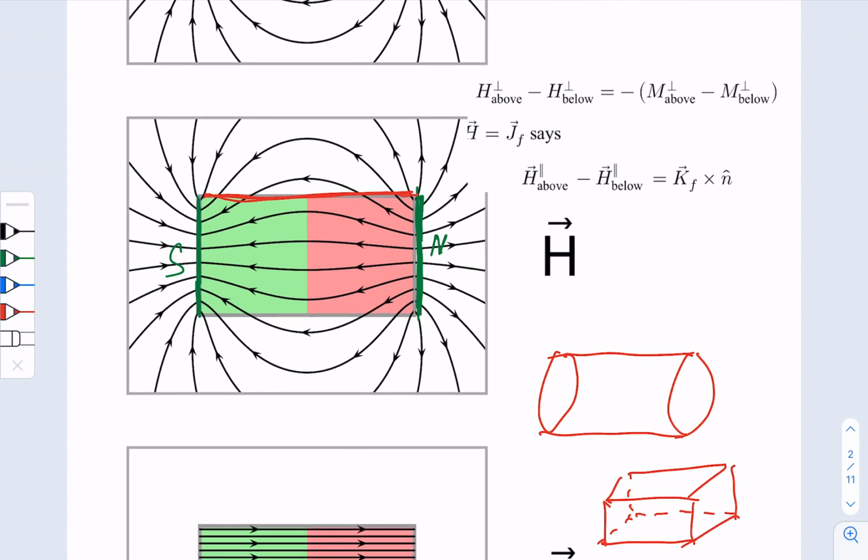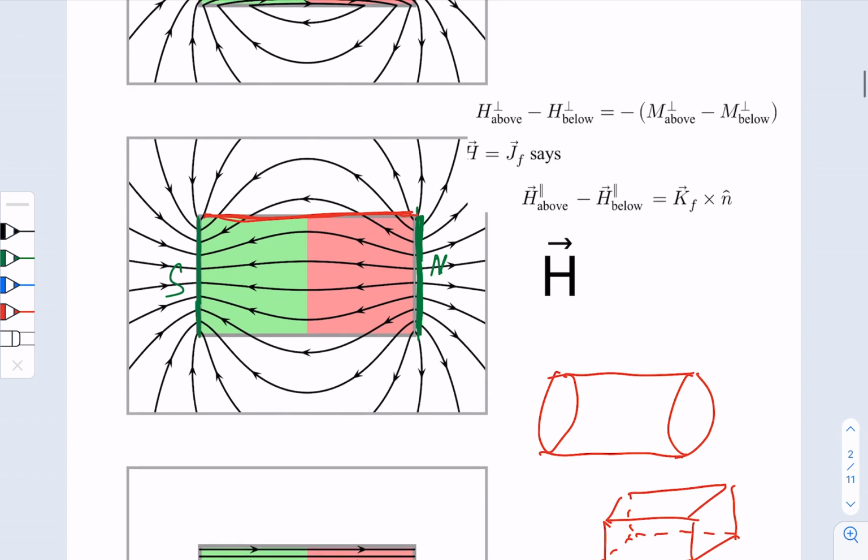So right now we are looking at the surface over here, on the side. So the surface vector n is here in this direction, and so the m vector should be in this direction.